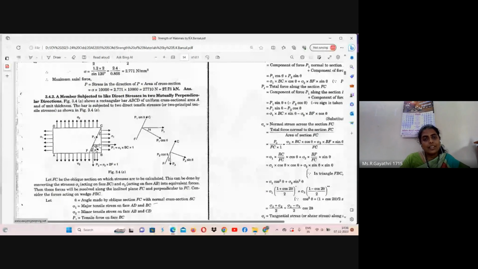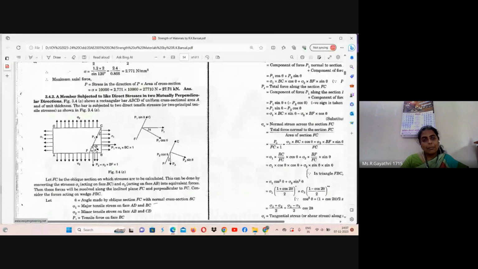So we can find forces perpendicular to plane FC and parallel to plane FC. Force acting along plane FC is PT.